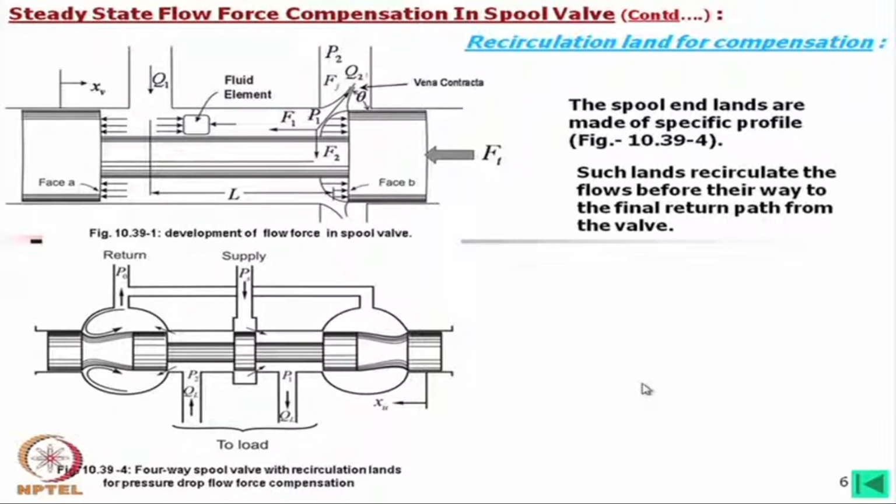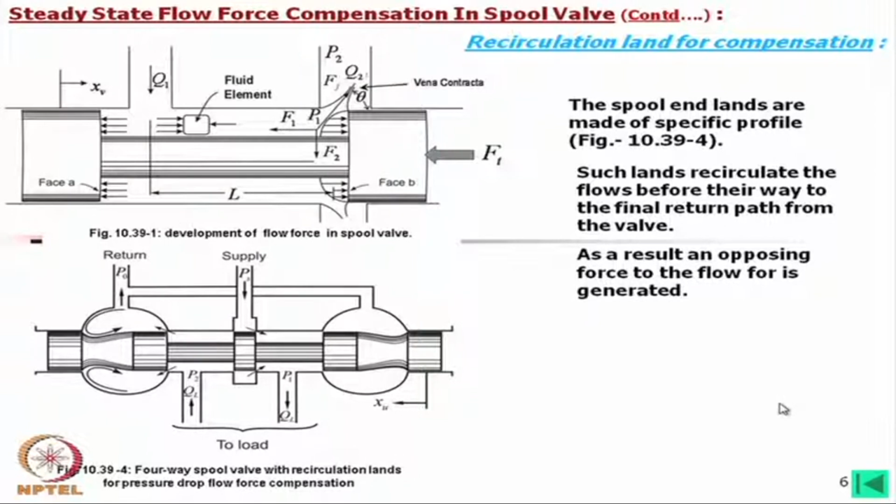For that, we will have such lines recirculate the flows before their way to the final return path from the valve that I have discussed. As a result, an opposing force to the flow is generated.